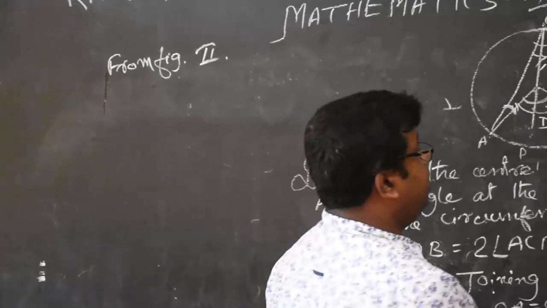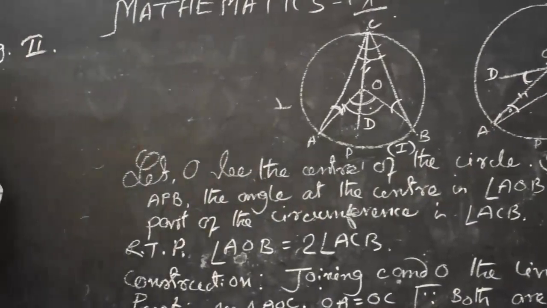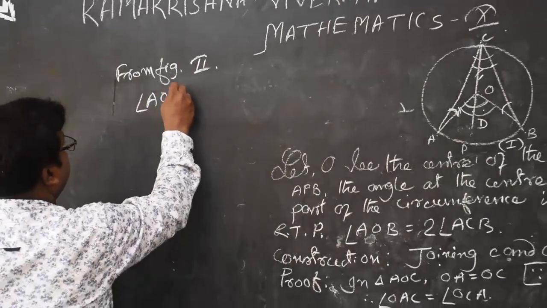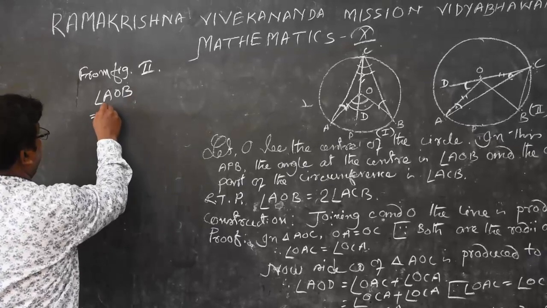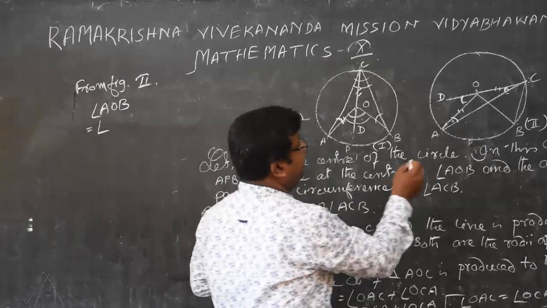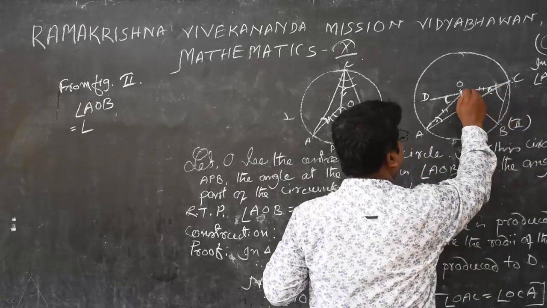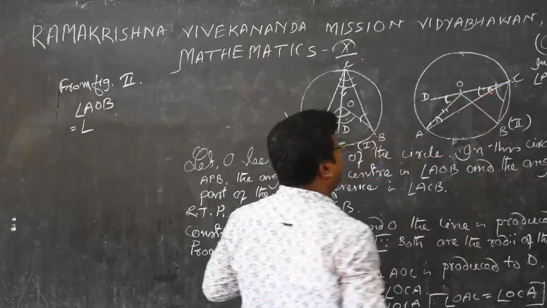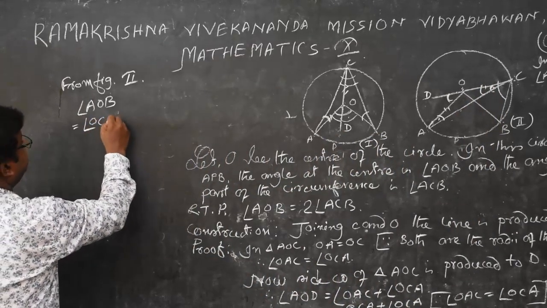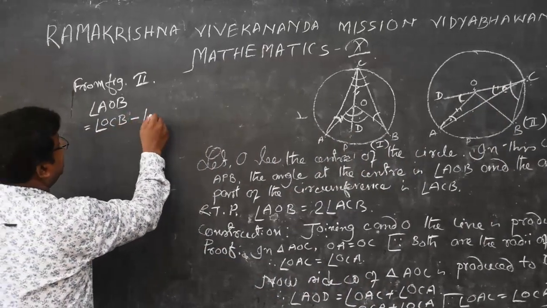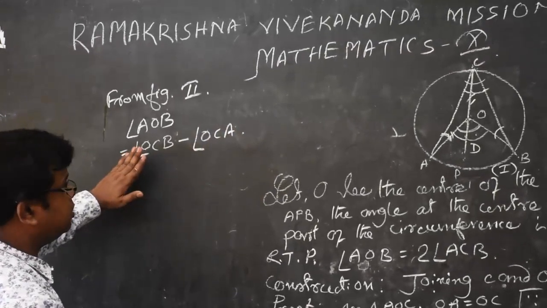Look here. If we want to get the value of angle AOB, then angle AOB equals angle BOD minus angle AOD. Just put the values.